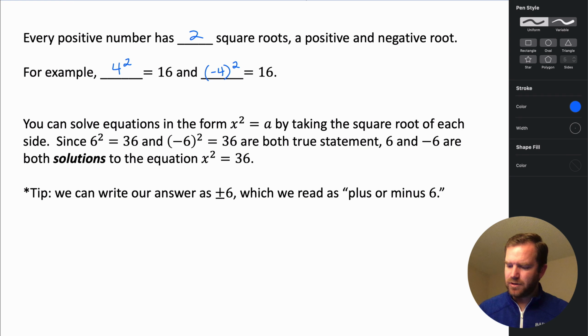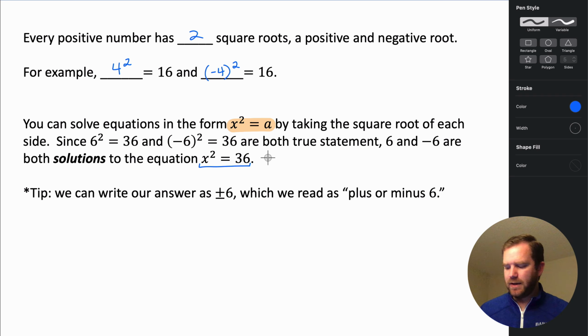So we can solve an equation in the form of x squared equals a by taking the square roots of each side. So if we had something like 6 squared equals 36 and negative 6 squared equals 36, those are both true statements, right? So that tells us that 6 and negative 6 are both solutions to this equation, x squared equals 36. If I were to plug 6 or negative 6 into this, both of these would be a true statement.